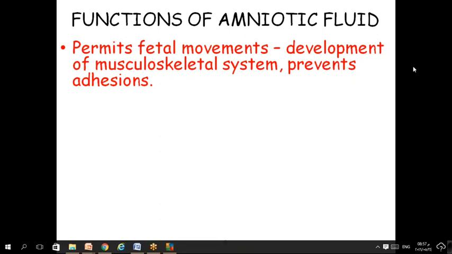Without having this fluid around the baby, it cannot move freely. Imagine the uterus without liquor. What will happen to the baby? The baby is compressed totally with the uterus. The uterus is molded on it.